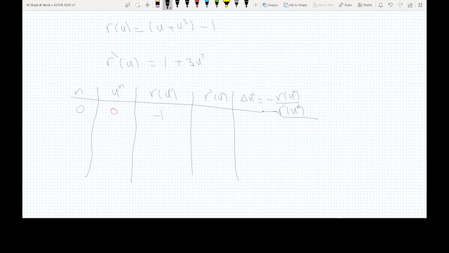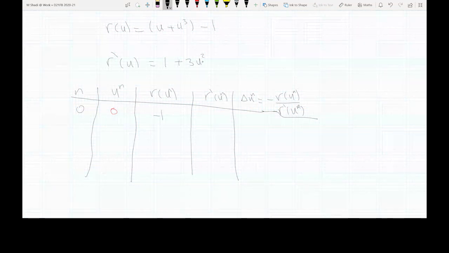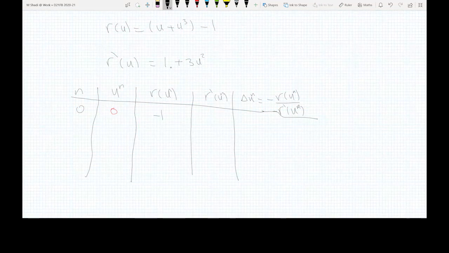If you put 0 in there, 0 squared is 0, multiplied with 3 is still 0, added to 1 is 1. And then minus this divided by this is minus minus 1 divided by 1, which is plus 1.